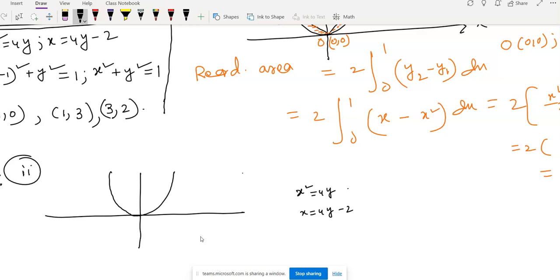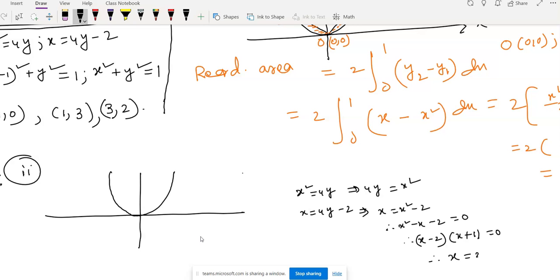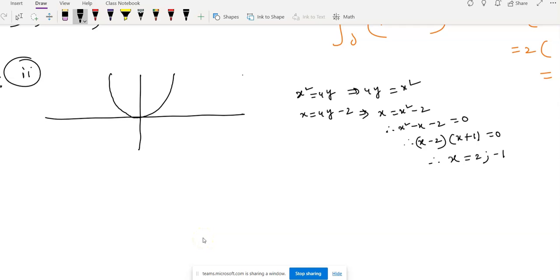If we eliminate y, here we are getting 4y equal to x square. So if we substitute, we get x square equal to x plus 2, that is x minus 2 into x plus 1 equal to 0. So x is 2 and minus 1.